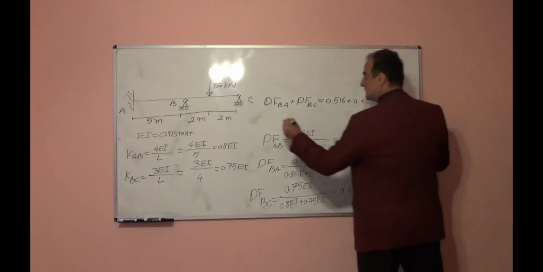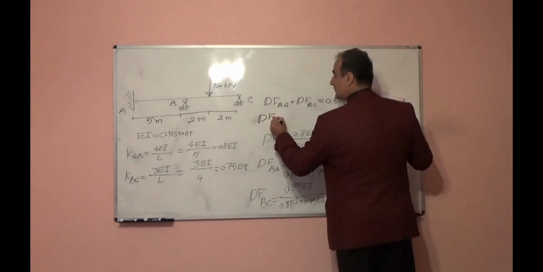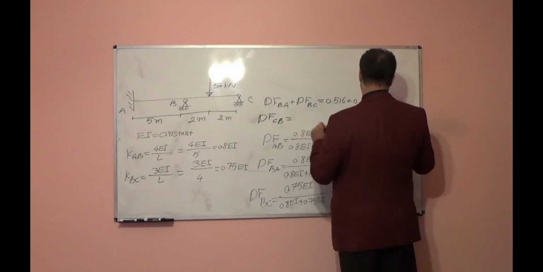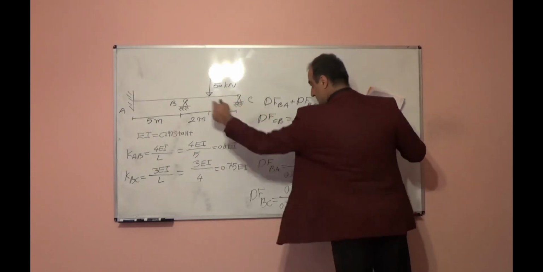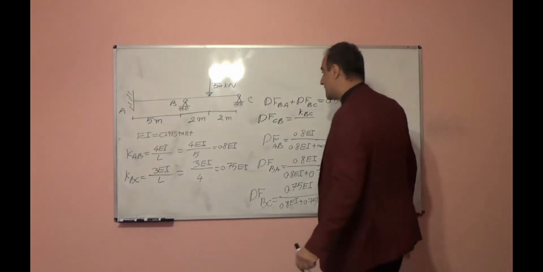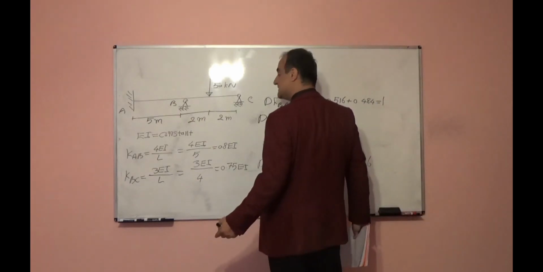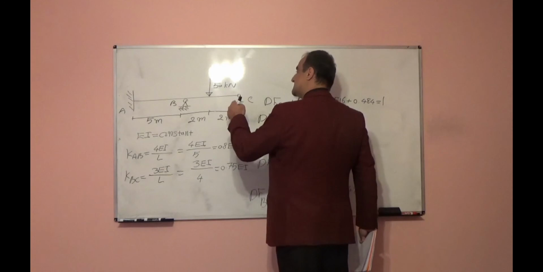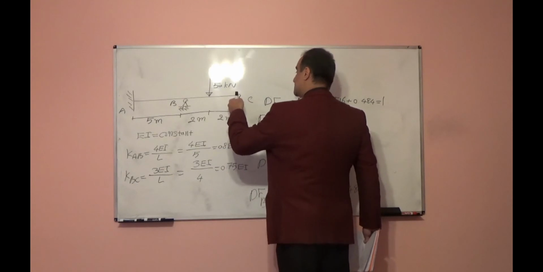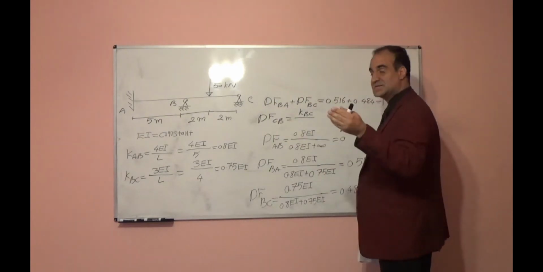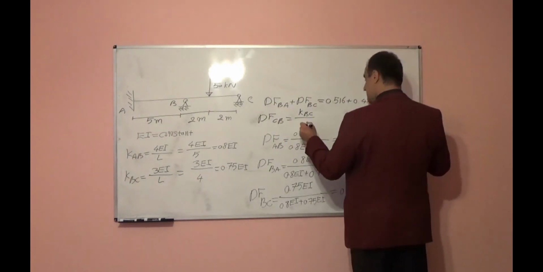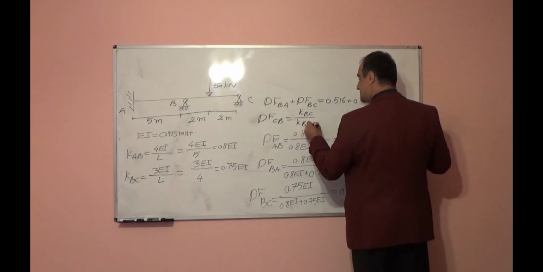The distribution factor for member CB will be equal to K BC, stiffness for member BC, divided by, again, summation of stiffness of members reached to the C. This member reached to the joint C, other side it is ground. Because it is hinged, it is discontinuous. So we have only one member BC.